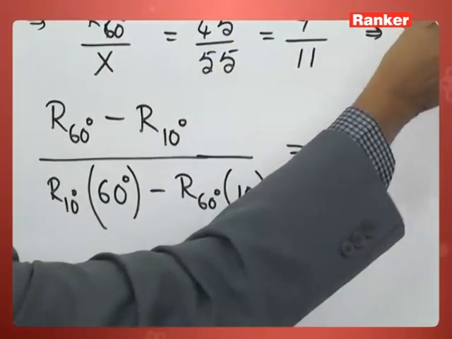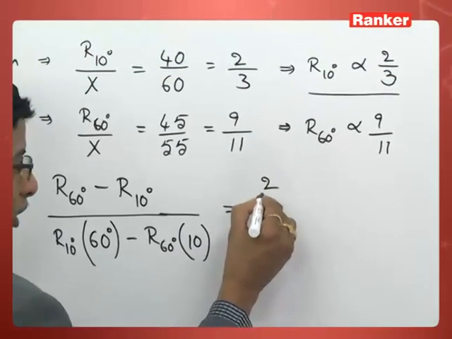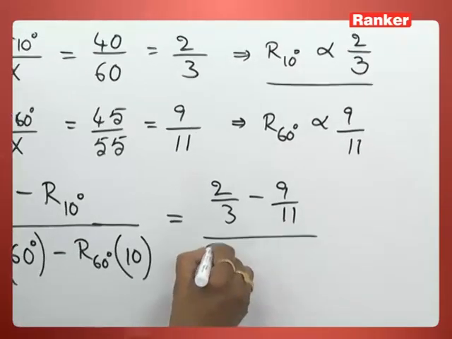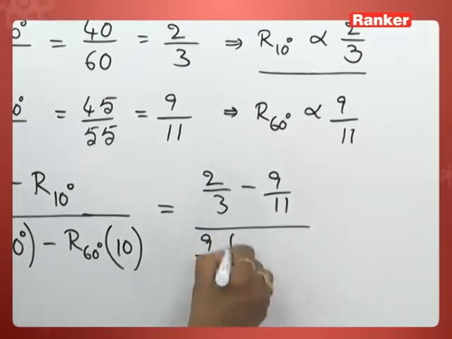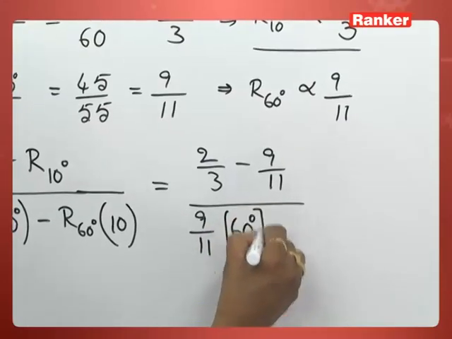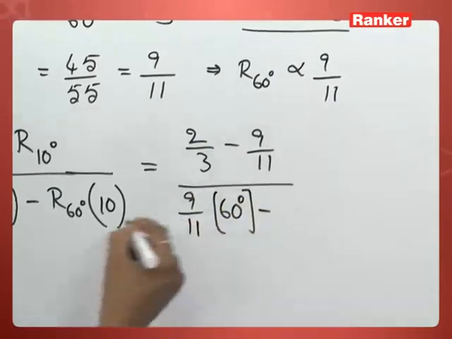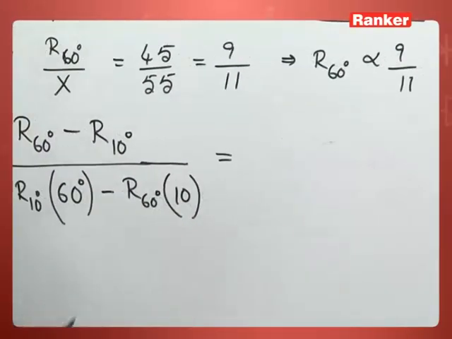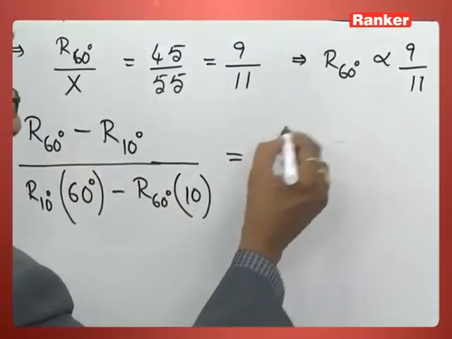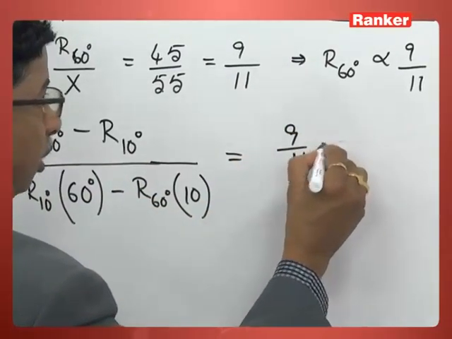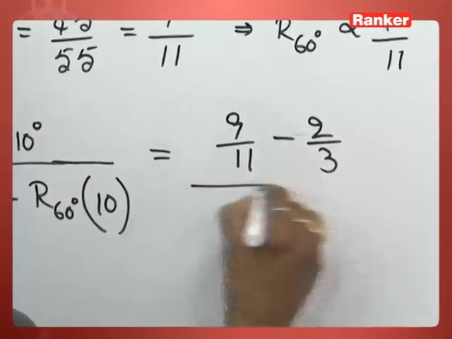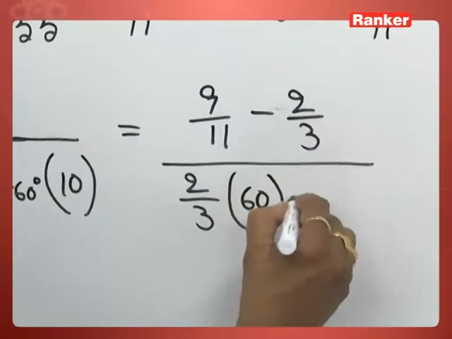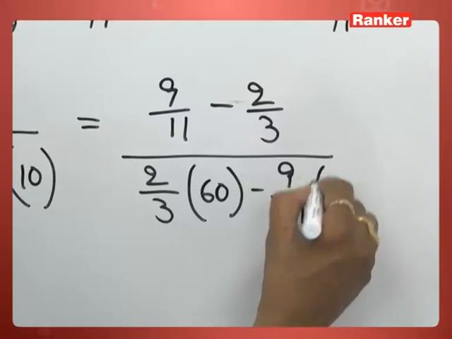R60 minus R10, proportionality values can be taken directly. R10 is 2 by 3 and R60 is 9 by 11. So alpha equals 9 by 11 minus 2 by 3, divided by 2 by 3 into 60 minus 9 by 11 into 10.